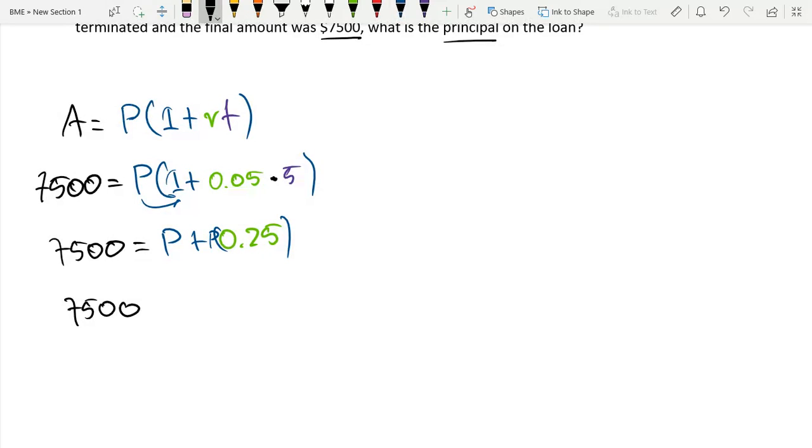The reason it's P times 0.25 is because you have P times 0.05 times 5, which is 0.25. So now you have 7,500 equals 1.25P. So now you divide 7,500 by 1.25. Let me whip out my calculator and do that. 7,500 divided by 1.25 is 6,000. So our principal is equal to 6,000.